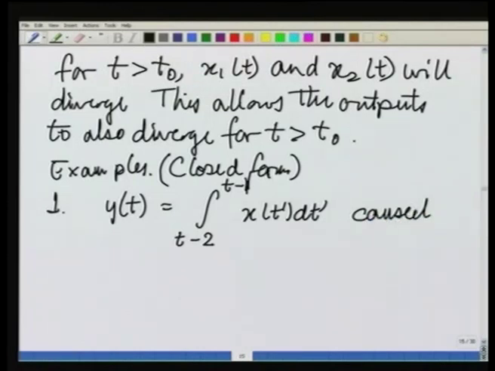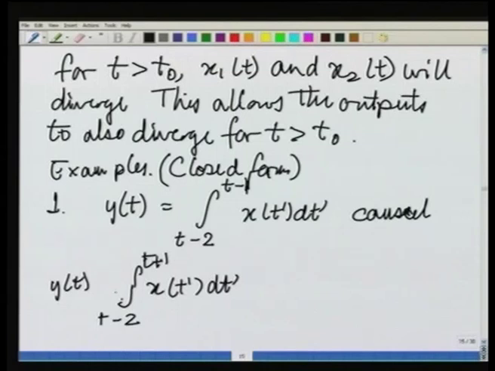We can construct a non-causal modification of this example simply by saying, say t minus 2 up to say t plus 1. That means, let me just write this. Here, if you want to evaluate y at t equal to 0, you have to integrate x t from minus 2 seconds to plus 1 seconds.